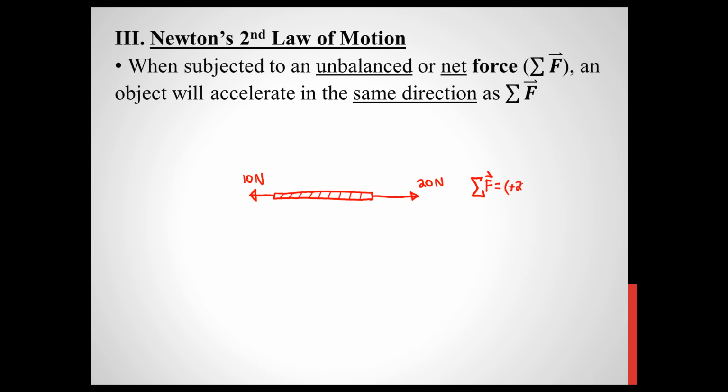So you could say positive 20 newtons. The force on the left-hand side is left, therefore it's negative. So you have negative 10 newtons.